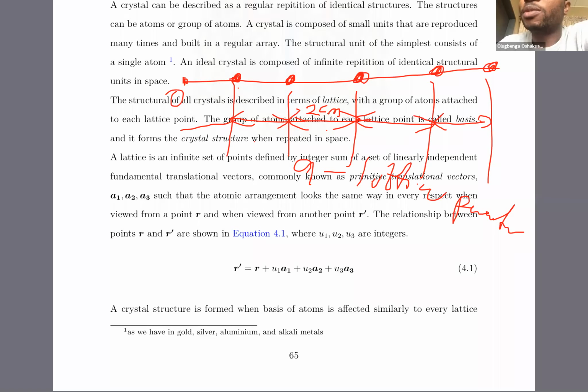Then you'd agree with me that these points will be 2 centimeters, 4 centimeters, 6, 8, and 10 centimeters. Let's assume this is like a graph, where you want to plot a graph and you have labeled your x-axis 0, 2 centimeters, 4, 6, and 8 centimeters.